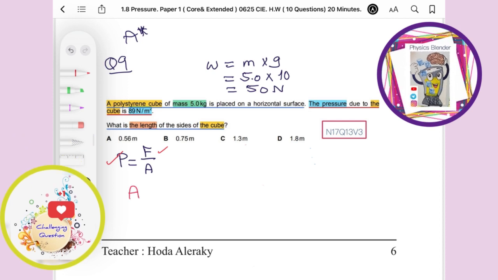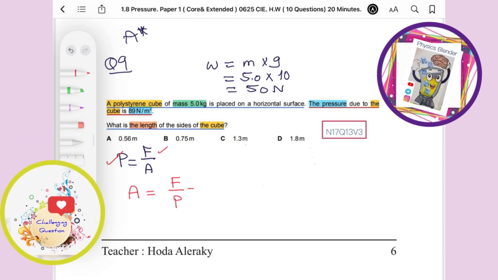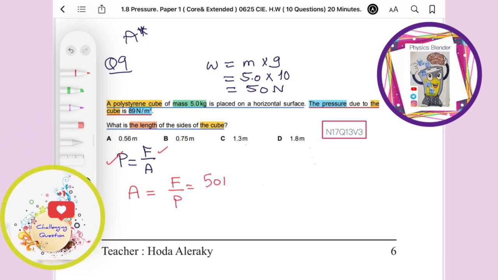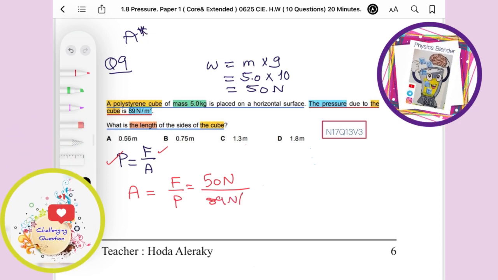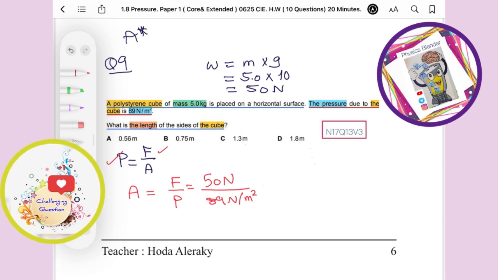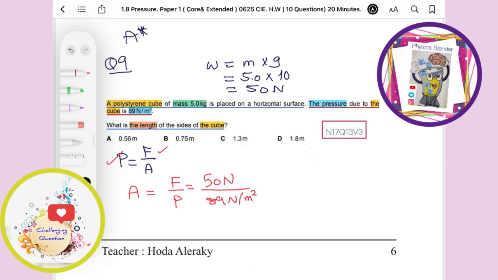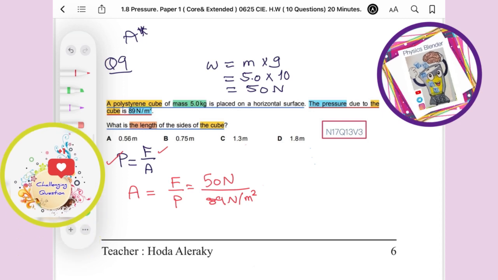You have to calculate area. Area is equal to force divided by pressure. So 50 Newton divided by 89 Newton per square meter. And you have to check that you have consistent units. Here we need your mathematical skills. Mathematics is the language of physics.